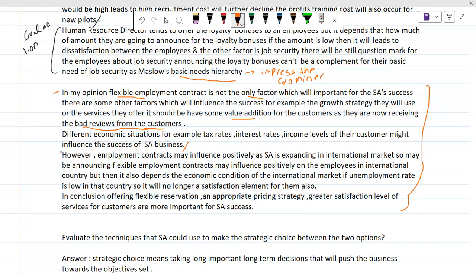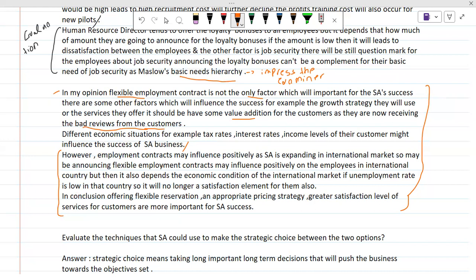But after that, you should write the other arguments for why employment contracts may positively or negatively influence the future success. You should also write the judgment about the point which you may not be agreeing with. This is your final conclusion.